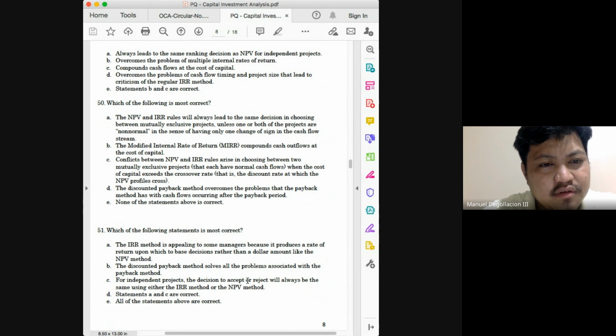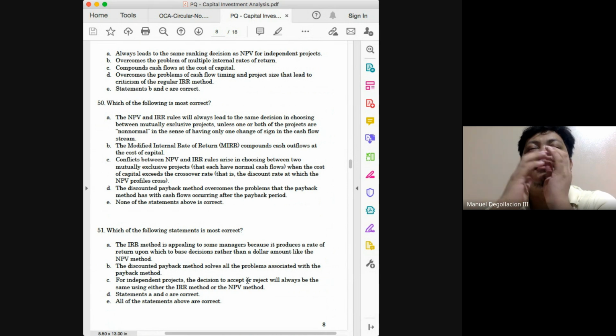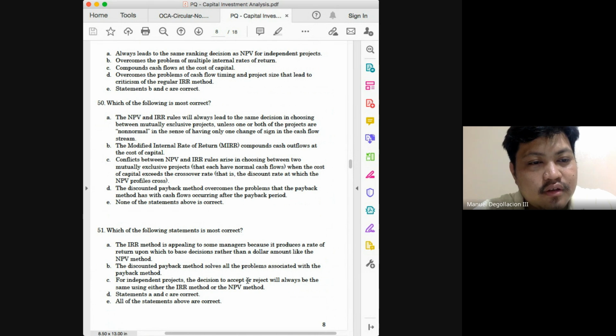If cost of capital is greater. No, it's when the cost of capital is lower than the crossover rate.